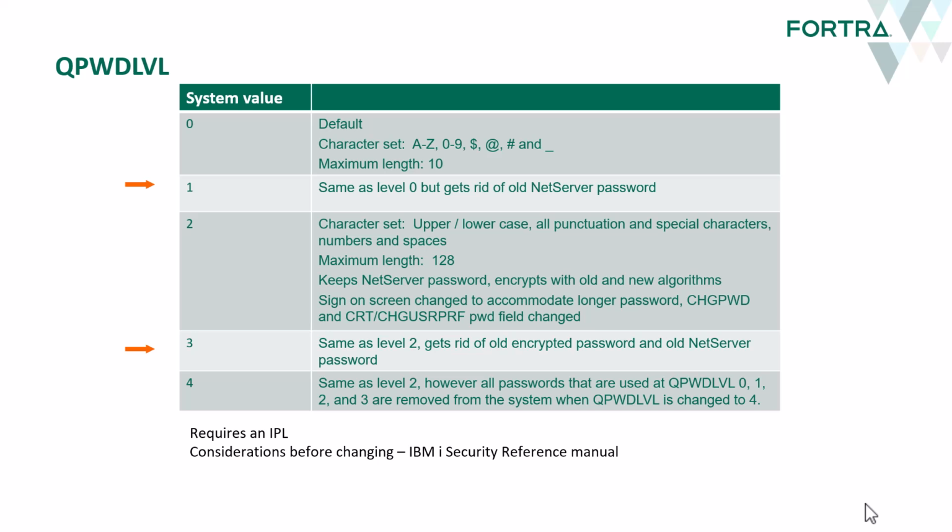The biggest consideration when you're doing a password level change is that you do have to do an IPL, because that's when the conversion happens for the passwords. The other piece is any of those profiles, any of those services you have reaching into your system that have hard-coded passwords, those will now be case sensitive if you're moving, especially from 0 and 1 to 2 or 3.